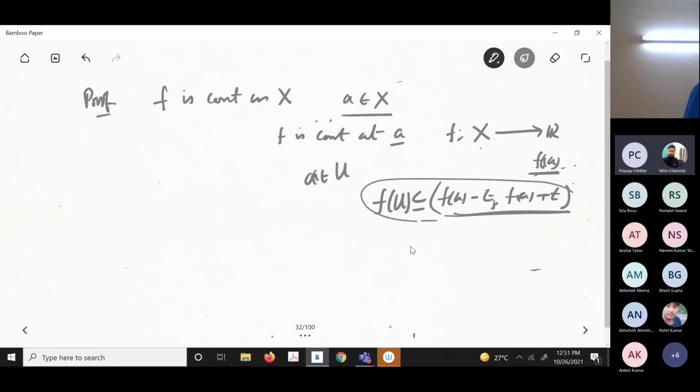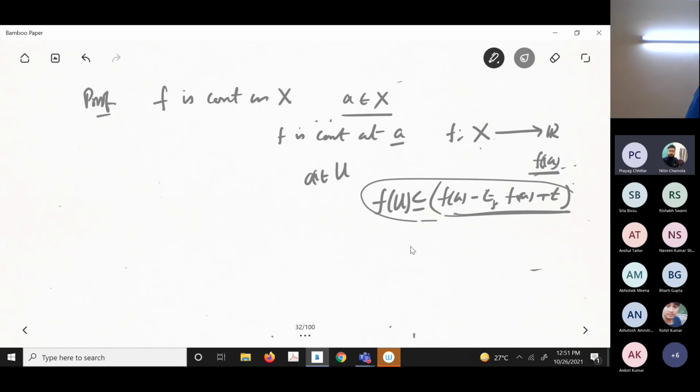Now you see what I have done. First I said fn converges uniformly to f on X. So there exists k belonging to N, which you can choose depending on epsilon, such that for all x belonging to X, the difference is less than epsilon by 3. I am taking epsilon by 3 because I will get 3 parts, so eventually you will get epsilon. If you started with epsilon, you would get 3 epsilon.